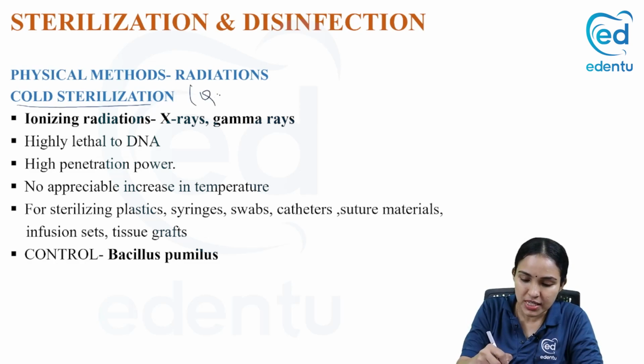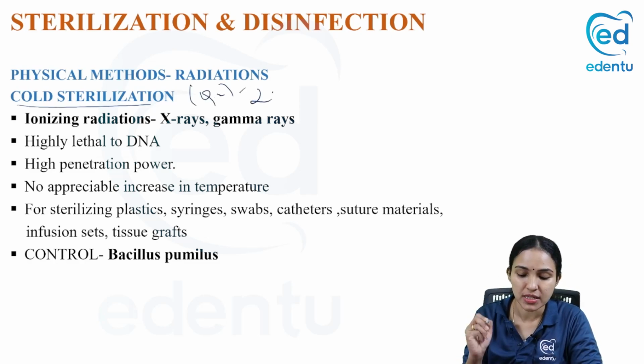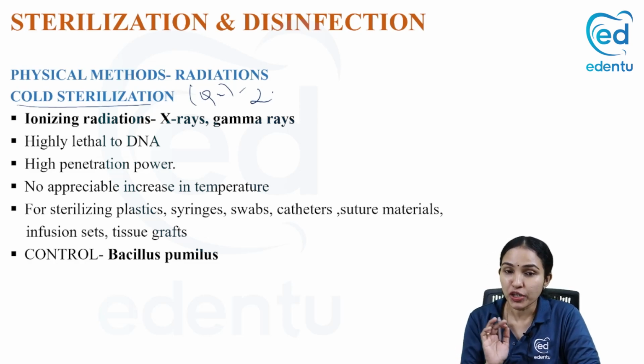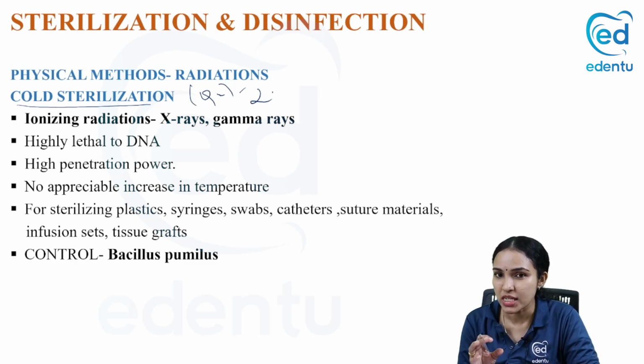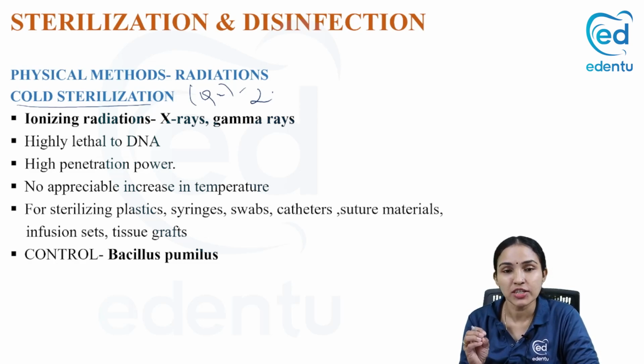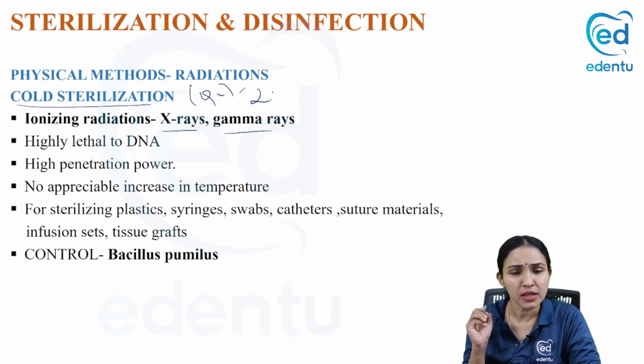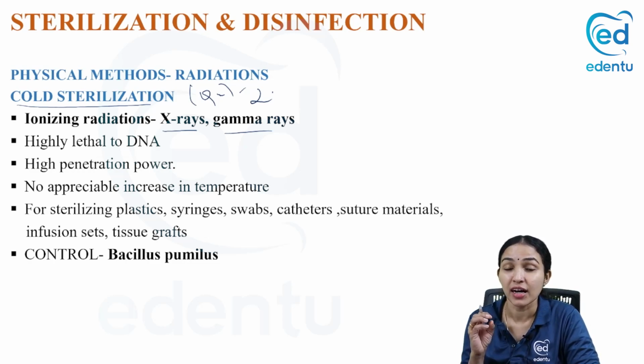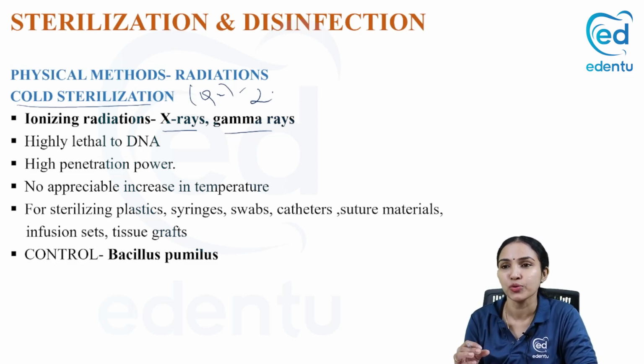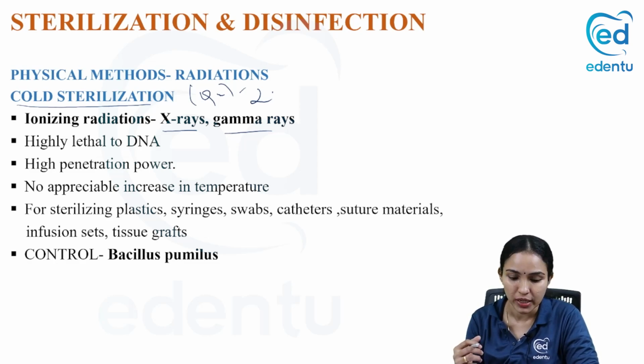Now this is a previously asked 2-mark question. When the question is cold sterilization or ionizing radiation, you have to mention that the radiations used here are X-rays and gamma rays. They are highly lethal to bacterial DNA; they can destroy it, as radiations generally damage nucleic acids.